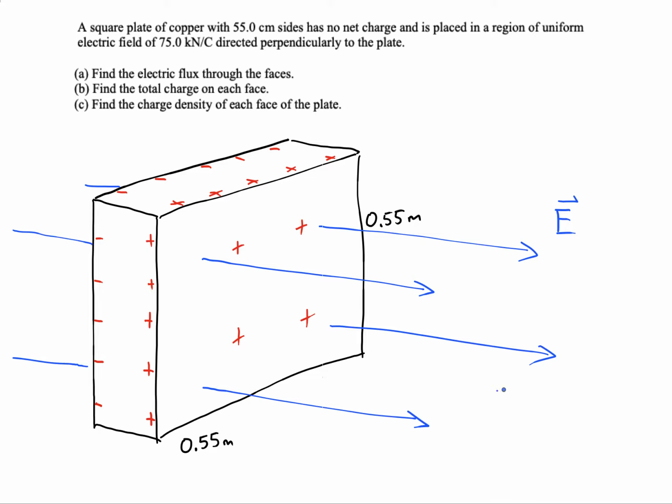Now we know the strength of the field is 75,000 newtons per coulomb. And we can also find the area of each face of the copper plate. It's going to be 0.55 meters squared. This is 0.3025 square meters. So the flux through a face will be easy to find now.